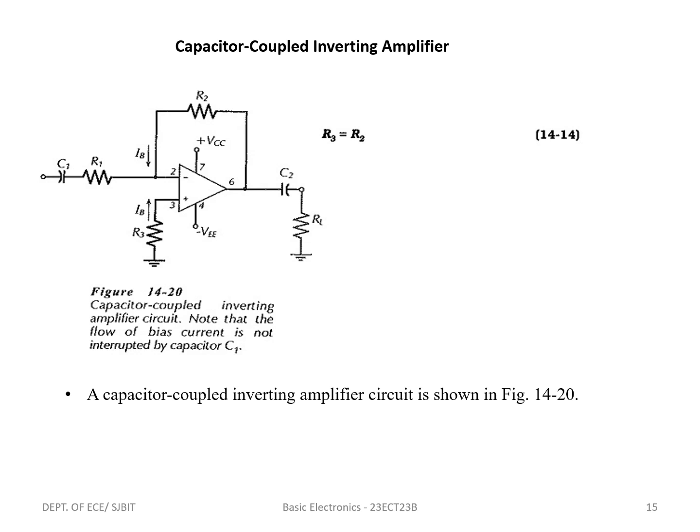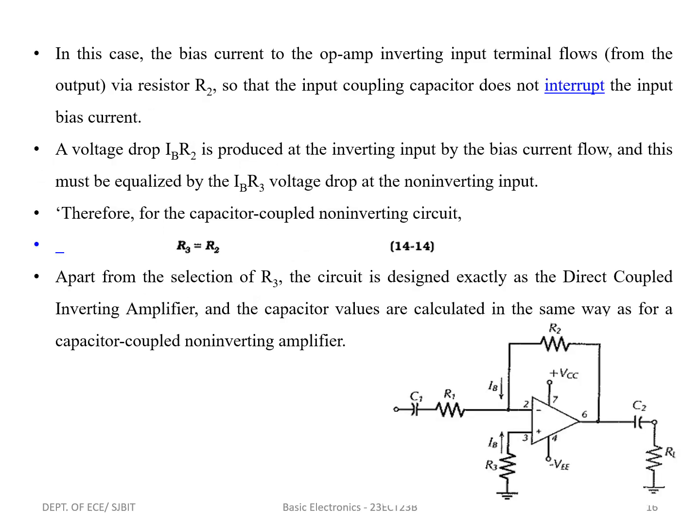In this case, the bias current to the op-amp inverting input terminal flows from the output via the resistor R2, so that the input coupling capacitor does not interrupt the input bias current. A voltage drop IBR2 is produced at the inverting input by the bias current flow.